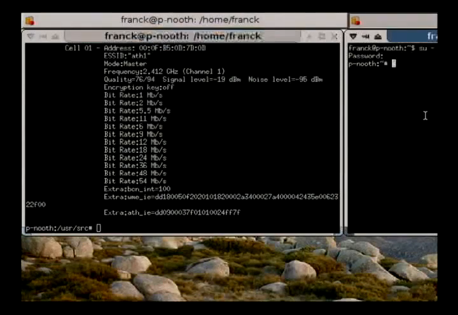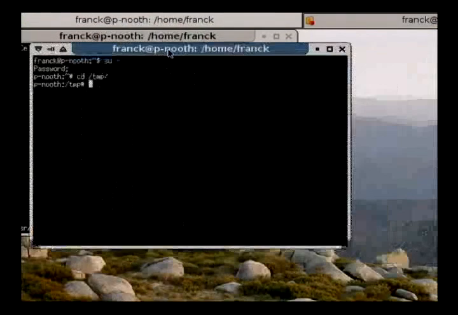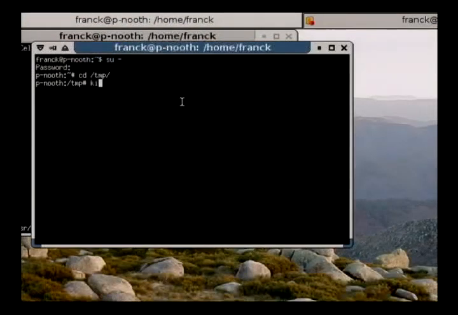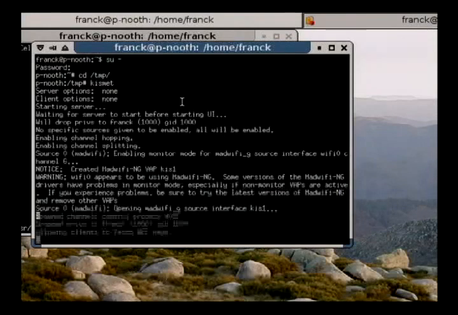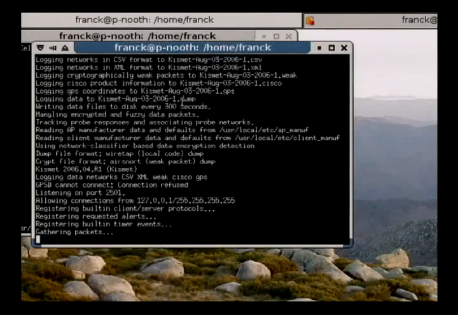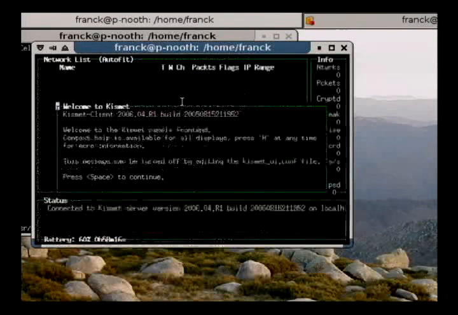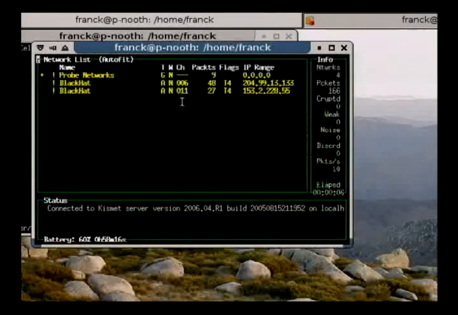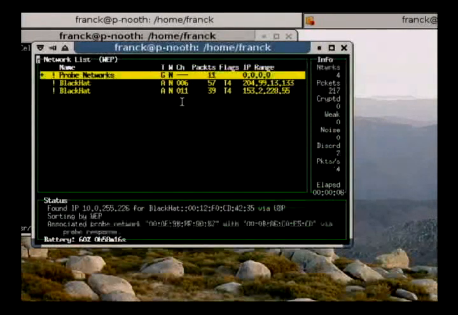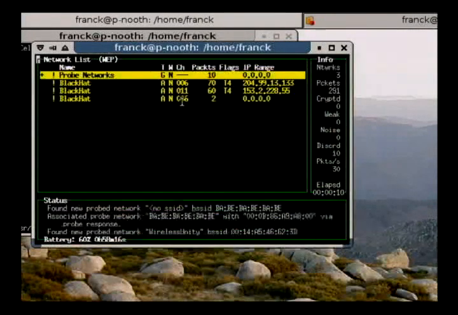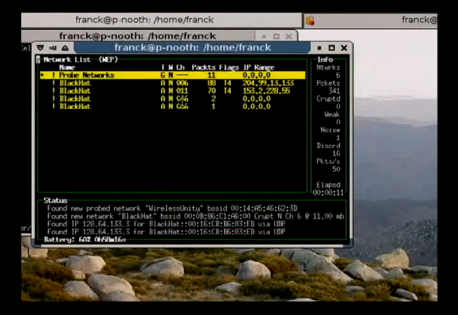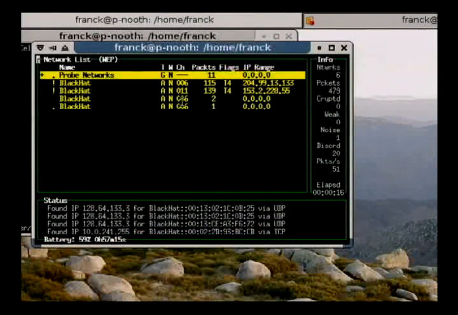I can also, for example, try to run Kismet. And here you can see that even on this laptop, Kismet is not able to detect the ath1 network, which is the new modified access point.